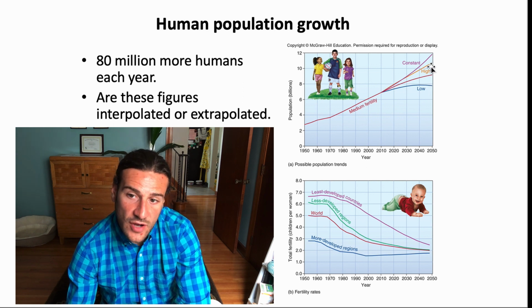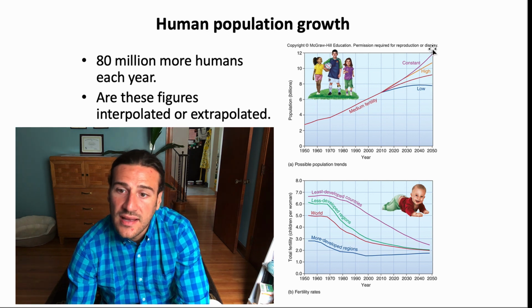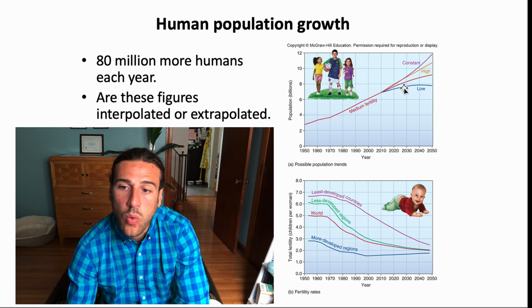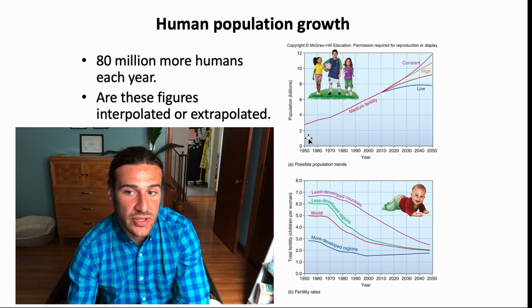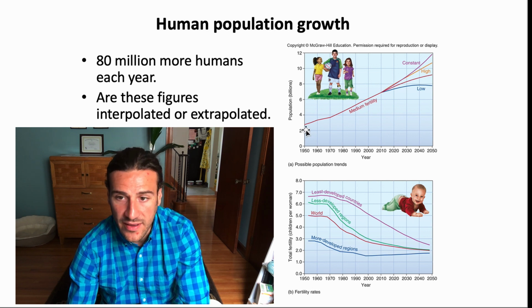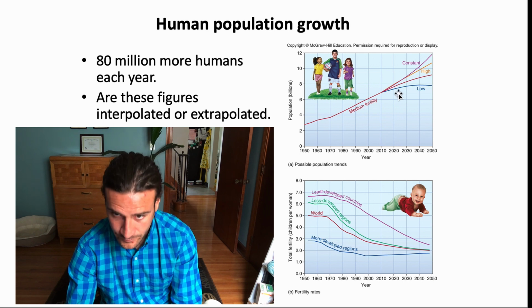There is a lot of uncertainty with extrapolating data. Extrapolating data can be quite variable, right? You're looking at a difference of 4 billion people, from 8 all the way to 12 billion people, right? That's wild. 4 billion people is a ridiculous amount of people.